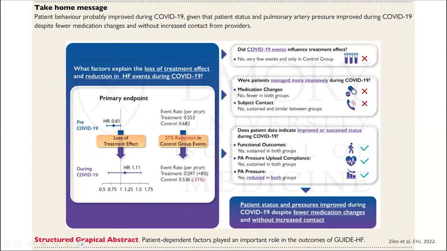And once COVID started, they cited an event reduction in the control group by 21%. That basically negated this statistical significance. And they looked into, did COVID affect medication changes, were people not being contacted? And it wasn't the case. They actually saw PA pressures were reduced in both groups, and people continued to upload. So they chalked it up to more patient behavior changes, which is an interesting analysis itself.